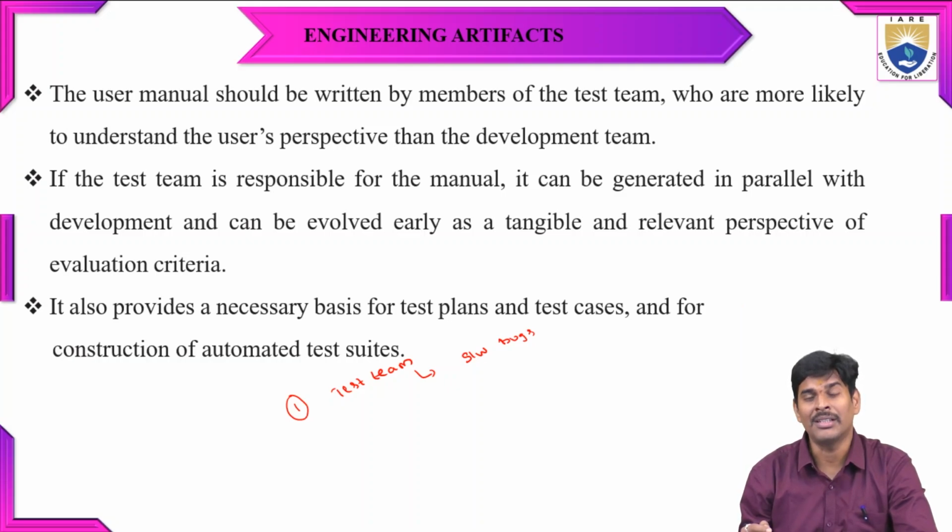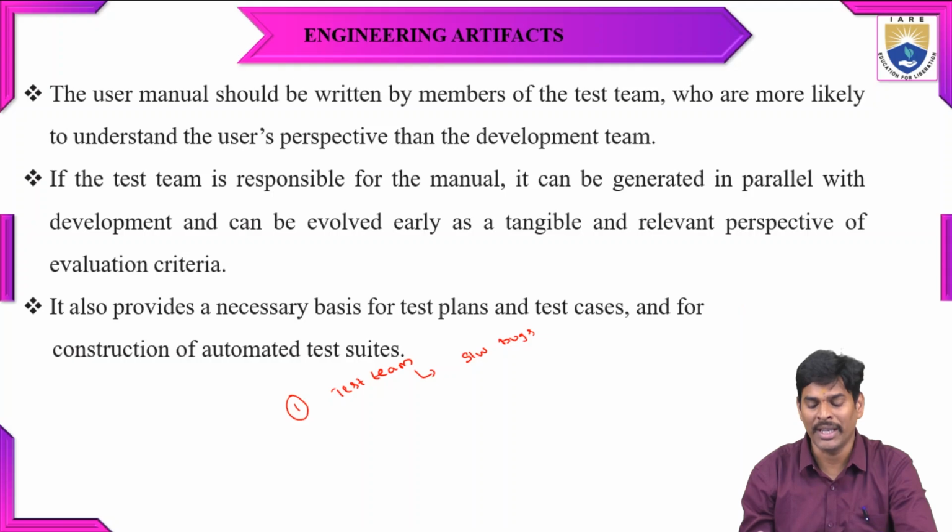While they are executing the software or the code, they verify the different types of bugs, and they handle the various types of bugs. So that's why the user manual should be written by the members of the test team, so they can have a clear idea about how the software works and how the bugs can be handled.